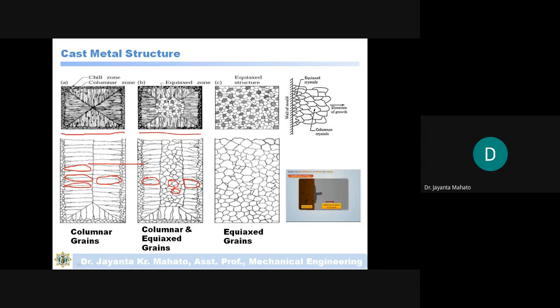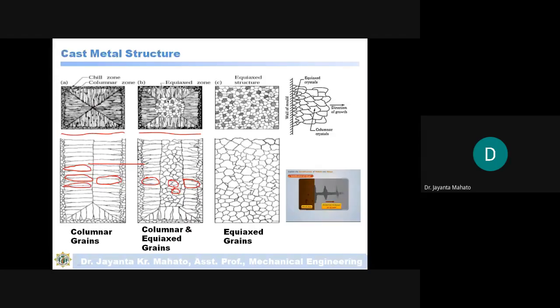And in case of columnar grains, if you take the microstructure of that casting product, then you can get this type of structure, only columnar grains. In case of columnar equiaxed grains, you will get this type of structure.